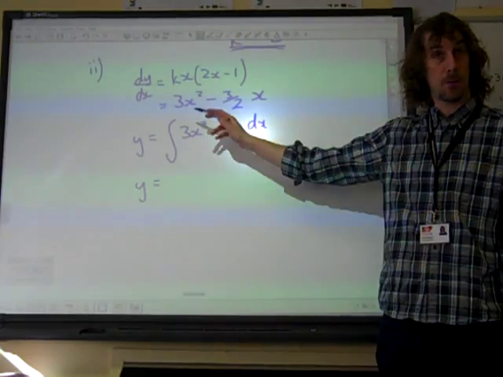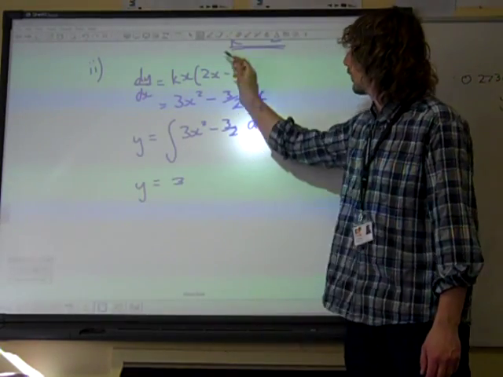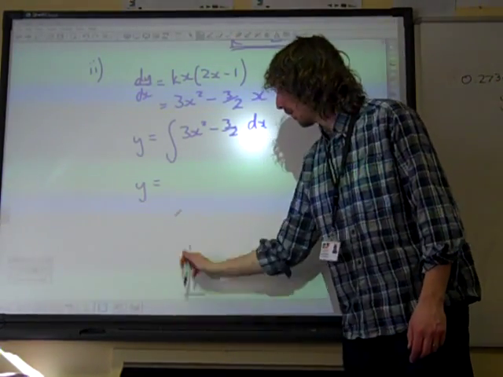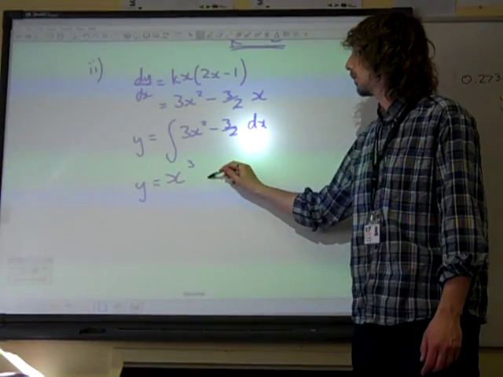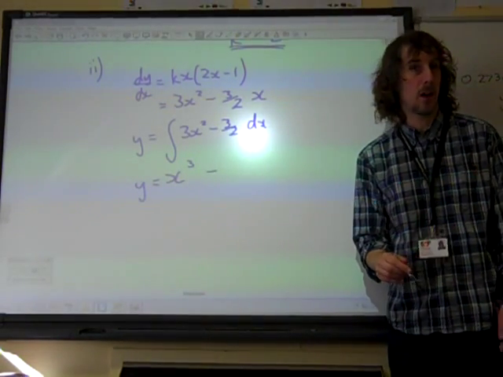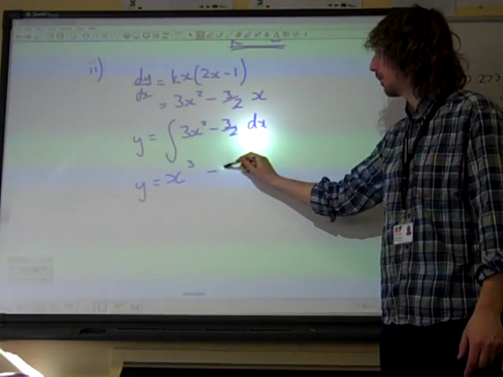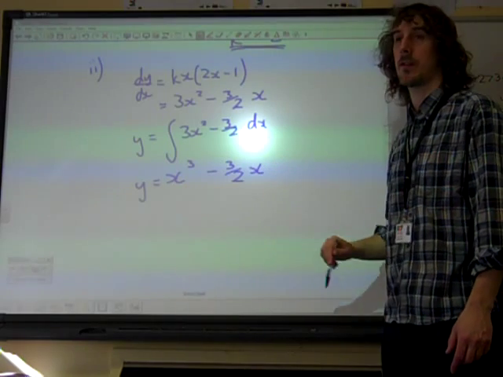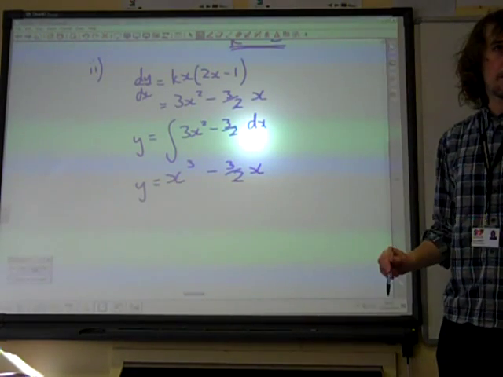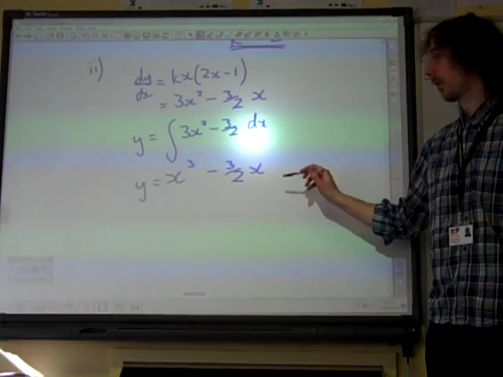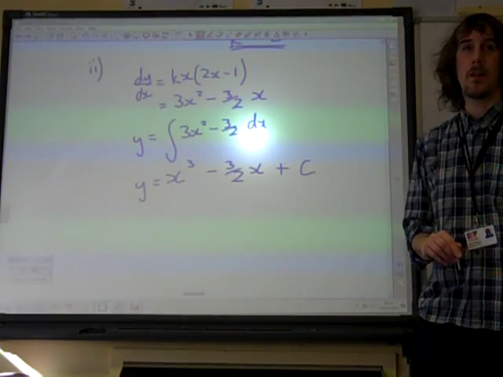Divide by the 3, so 3 divided by 3 gives us just an x cubed there. If we integrate 3 over 2 x, we get 3 over 2 times x squared over 2. And what do we have to remember? Plus c, the constant of integration at the end of that.